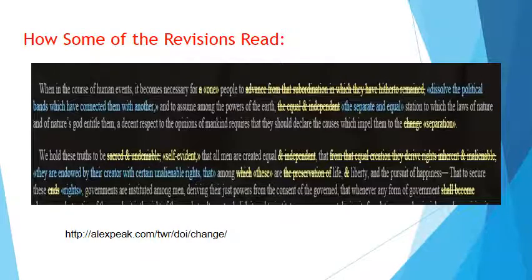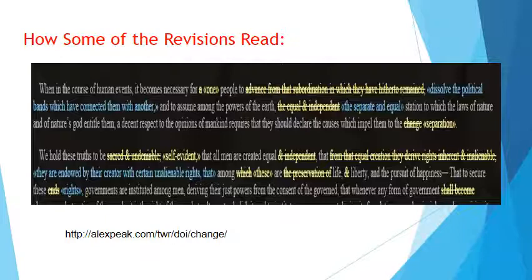Okay, so what we see here is, in yellow, where things were struck out and possible additions were put in. In blue, we see what was put in its place. So what it says is, when in the course of human events, it becomes necessary for a people to advance from the subordination in which they have hitherto remained.